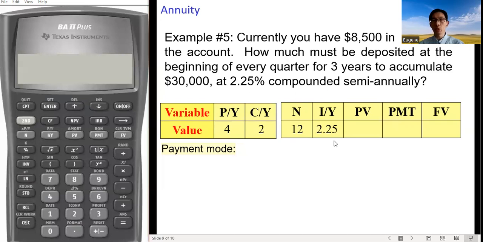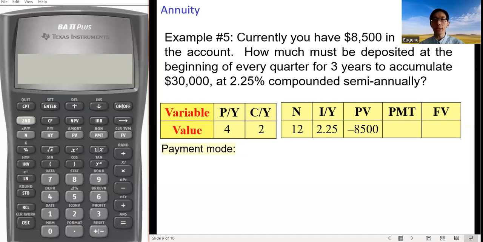IY, 2.25. PV, this is the amount of money already in the account. So it is the same as you need to take out this amount of money and make the deposit at time 0. So this is a cash outflow.